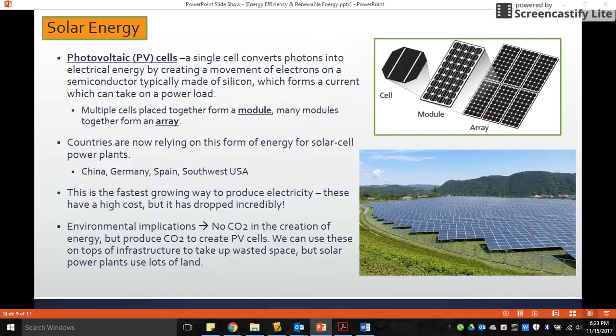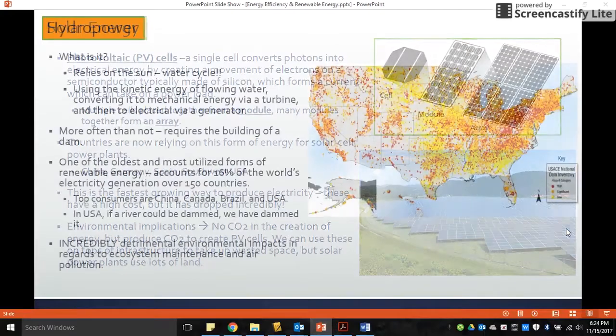And these are the fastest growing renewable resources, and the cost of them has dropped incredibly. So it's really great. So remember that in the generation of solar electricity, there is no CO2 emitted. However, you do need to utilize CO2 to create your PV cells. That is just the burden that we're going to have to carry with these things.